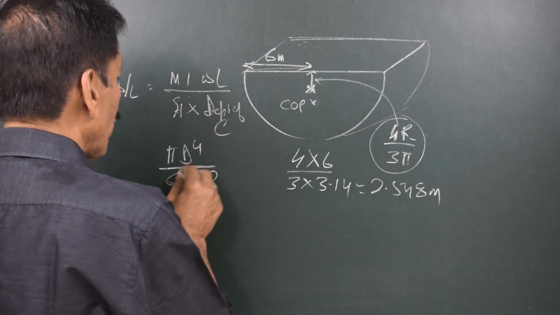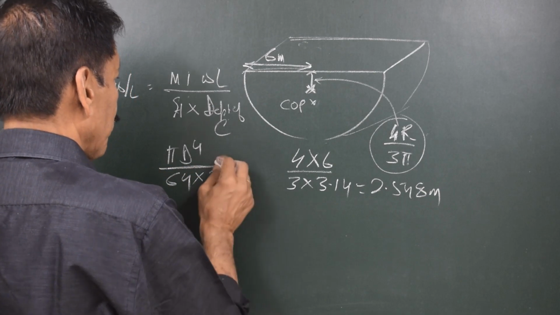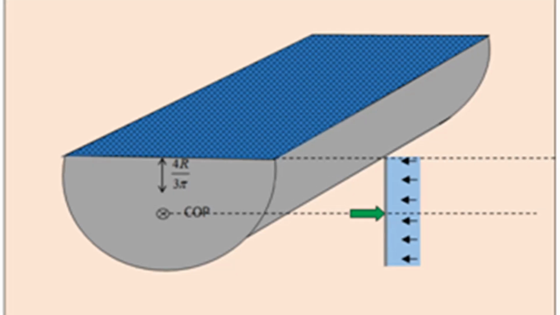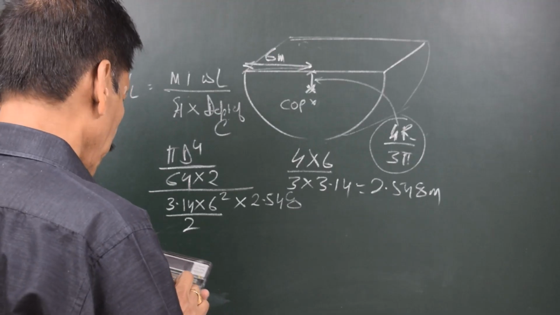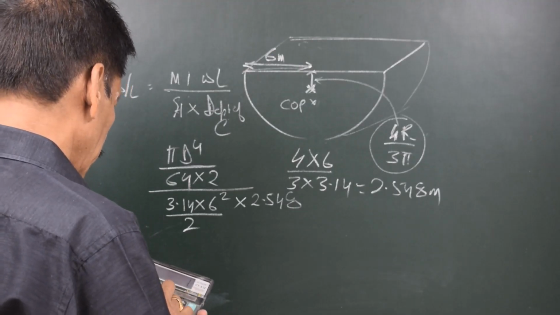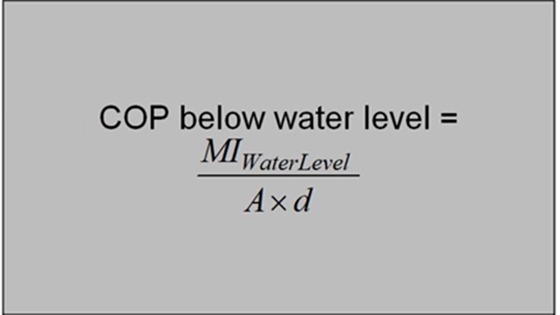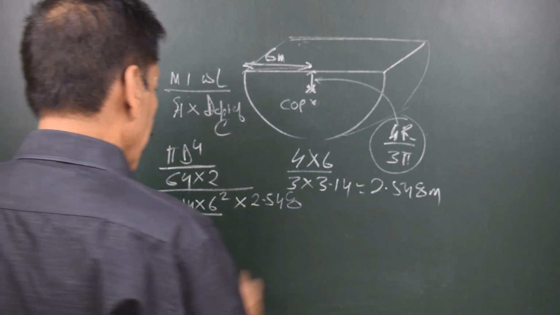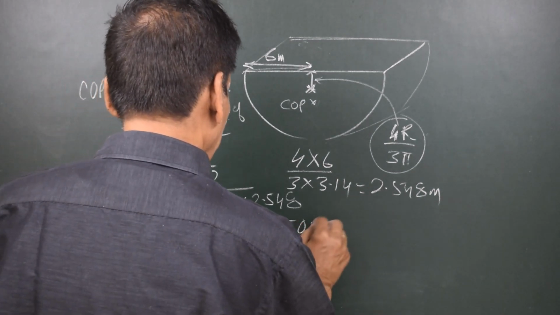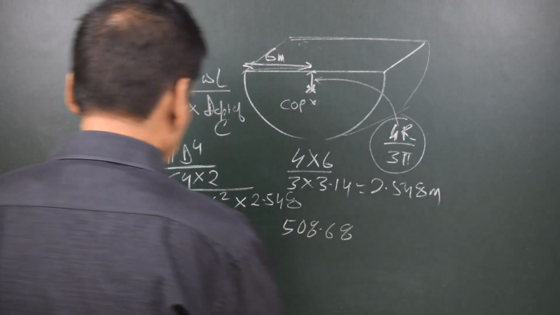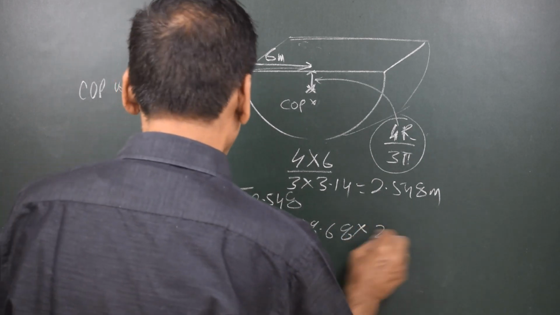So pi d raised to 4 upon 64 into 2, with d being 12, d to the 4 is 20736 and pi times that gives 508.68 after reduction.